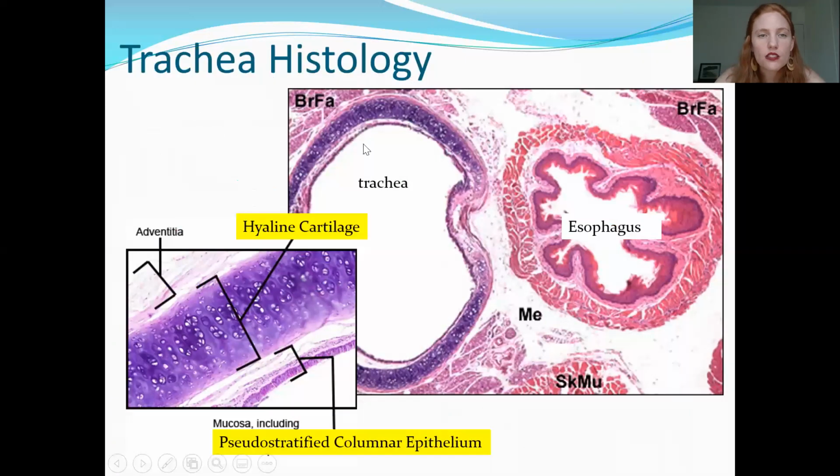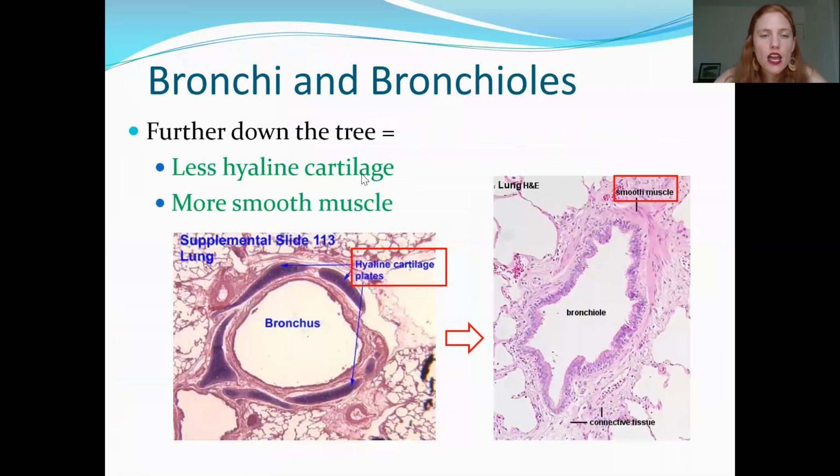Look at the trachea, it goes almost a whole circle, more like a C-shaped ring. But these hyaline rings are going to start breaking up as you go down, and instead of rings, they create plates. So you'll have less and less hyaline cartilage and more smooth muscle.